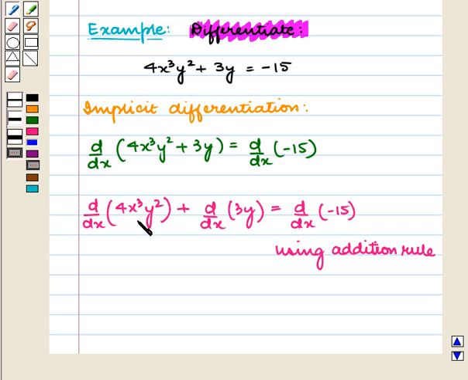In the first term, we have two functions, x cube and y square, so we use product rule.